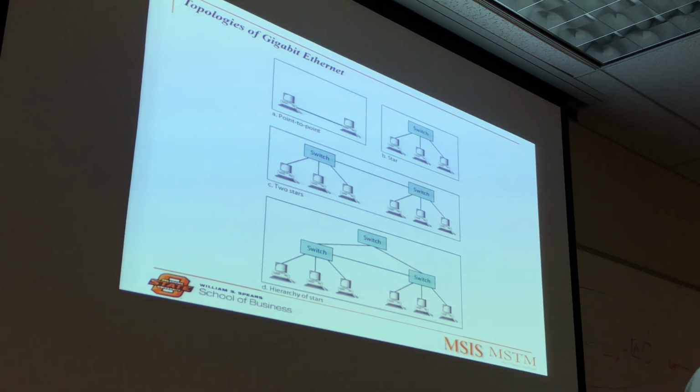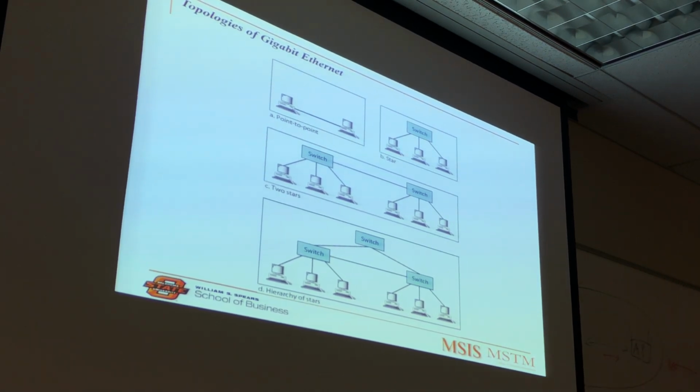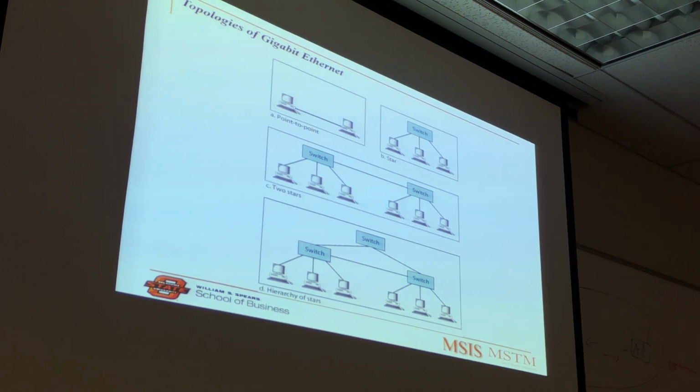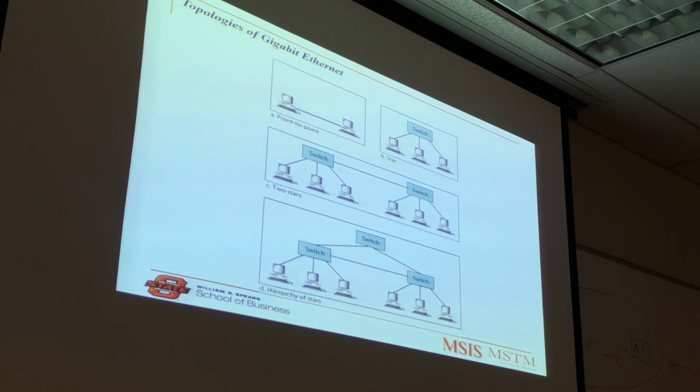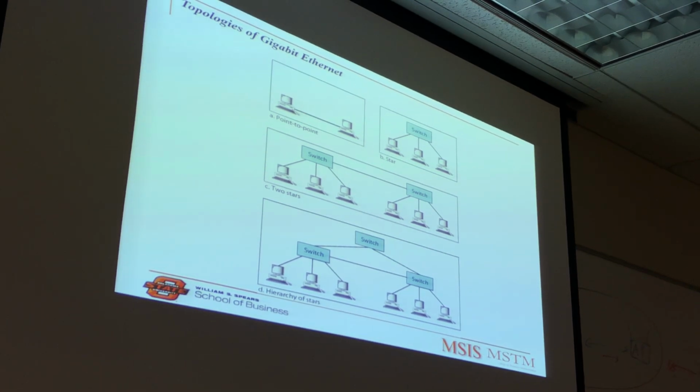And switches without a special function called spanning tree protocol can misunderstand the connections or surrounding environment and infinitely duplicate their own frames. We'll talk about that in a few slides, but that happens very often if you don't have the spanning tree protocol enabled.